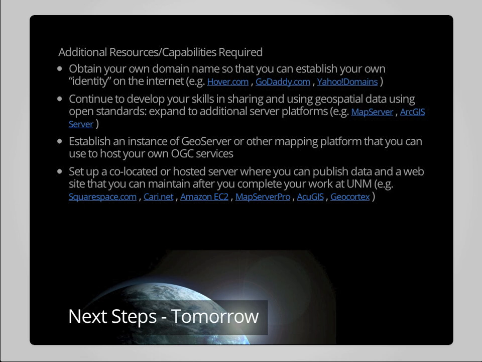And then ArcGIS Server is another very broadly used platform for publishing data over the internet, both for consumption by ESRI's own web mapping clients and desktop mapping clients, but also optionally publishing data using the OGC standards, where that is a capability that you can use to publish data both to the market of ESRI GIS users, but you can also publish the open standards-based services that other applications and platforms may be able to use more efficiently.